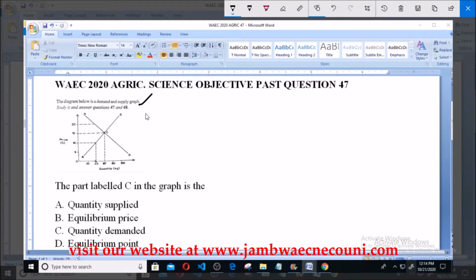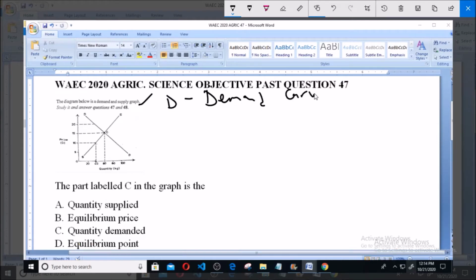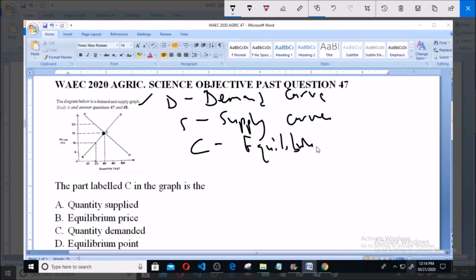So the line labeled D is the demand curve. The one labeled S is the supply curve, and the part labeled C, where the demand and supply curves meet, where they intersect, is known as the equilibrium price.